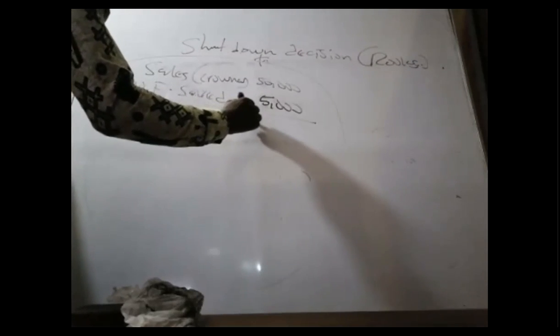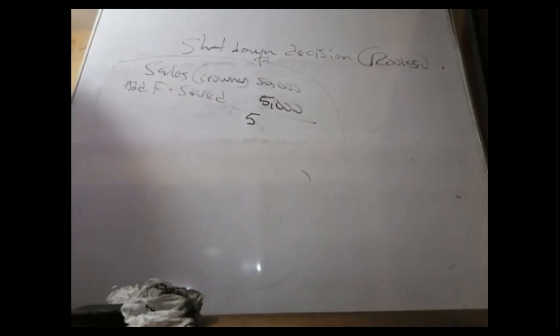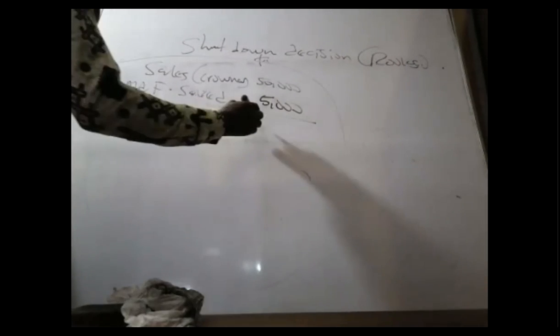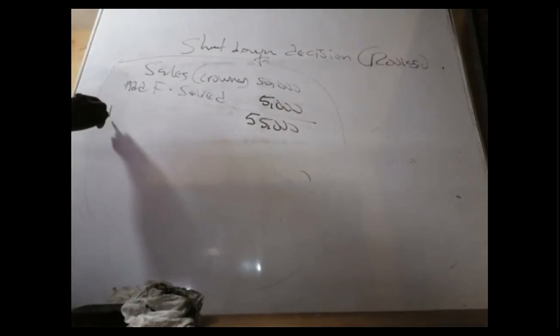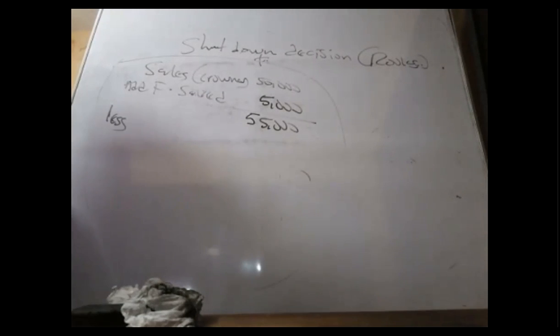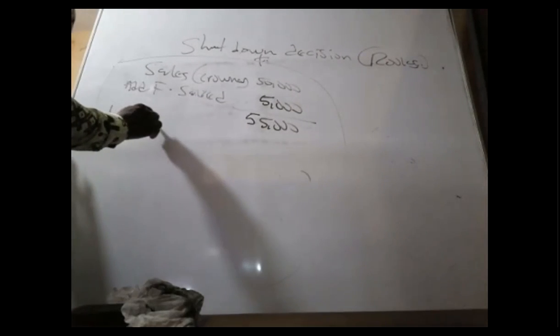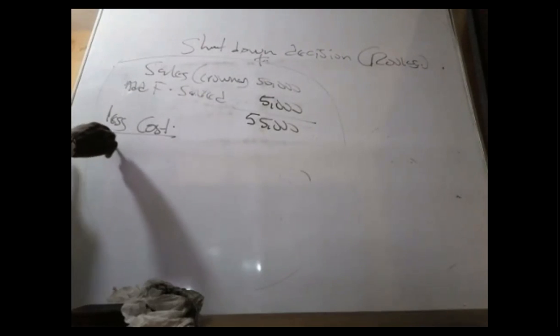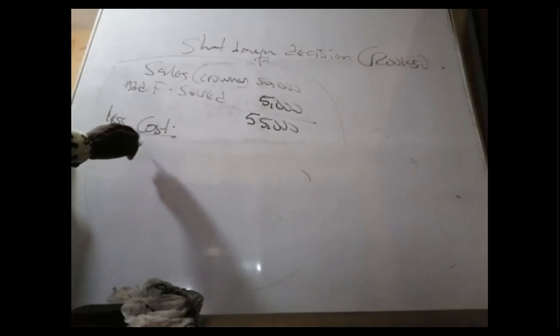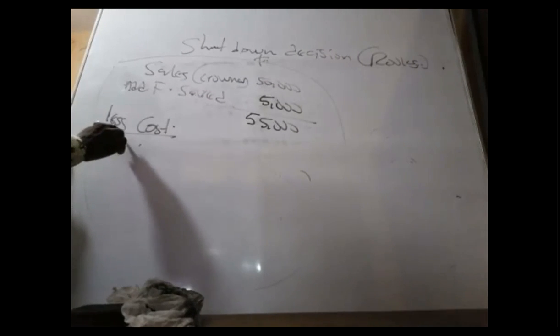The fixed cost saved for brooks is 55,000, less the following costs. Number one, contribution foregone, or we can start from the variable cost.